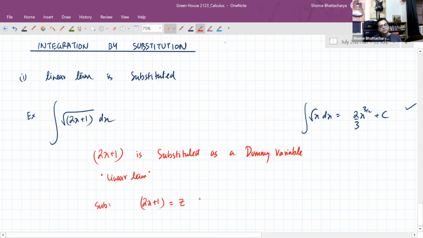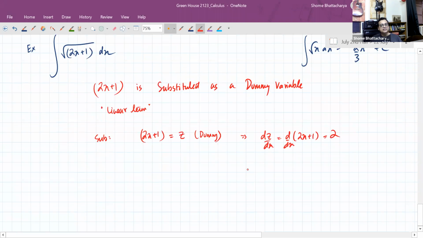Let's say I'm taking the name z. So that's my dummy. Now the moment z is this, what is dz by dx? It is the differentiation of 2x plus 1, which is just 2. So this statement that dz by dx is 2 now implies that dz by 2 is equal to dx. I'm just cross multiplying.